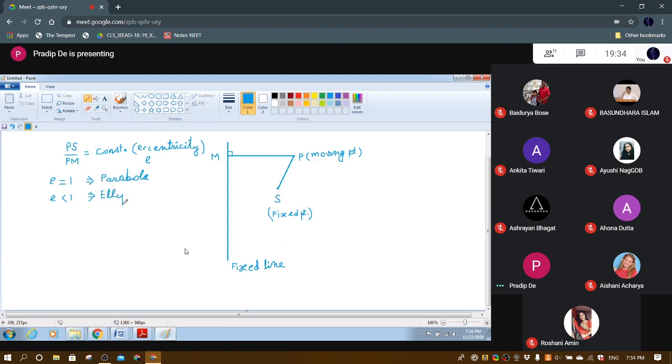And if e is greater than 1, hyperbola. Very interesting chapter. This is hyperbola. It is not hyperabola, it is hyperbola.